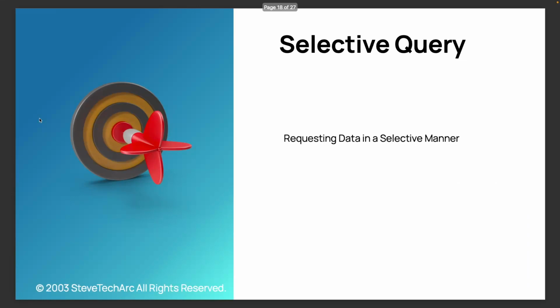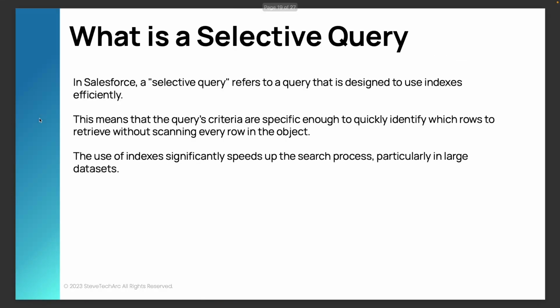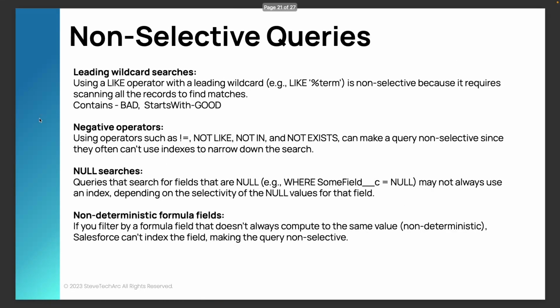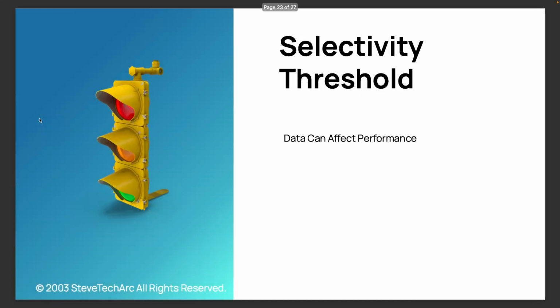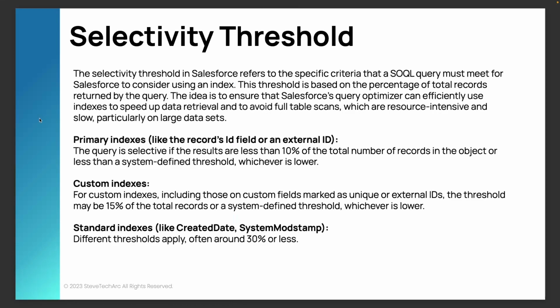We talked about the index tables. Then I said in a previous video that you had to ask in a selective manner. What we're now talking about is the selectivity threshold, where the data can affect performance. Low volumes of data may perform well, while higher numbers of records may affect the selectivity threshold. So this is important.